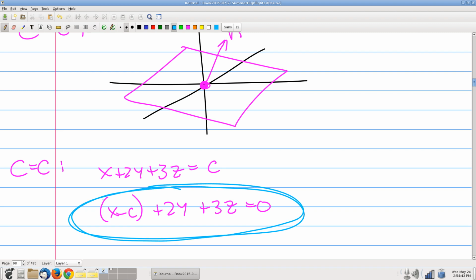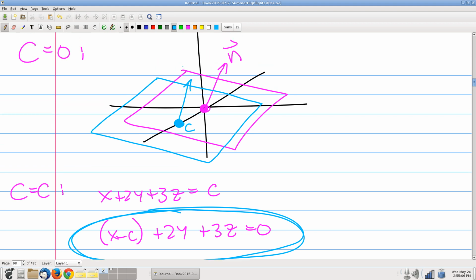Everything moves by plus c in the x direction. So what had been at the origin is now at c on the x-axis, and everything else just moves over by the same amount. Something like that. That would be one way to do it.